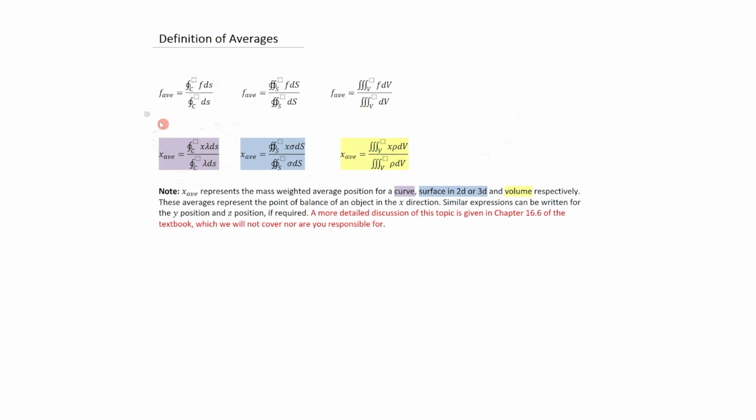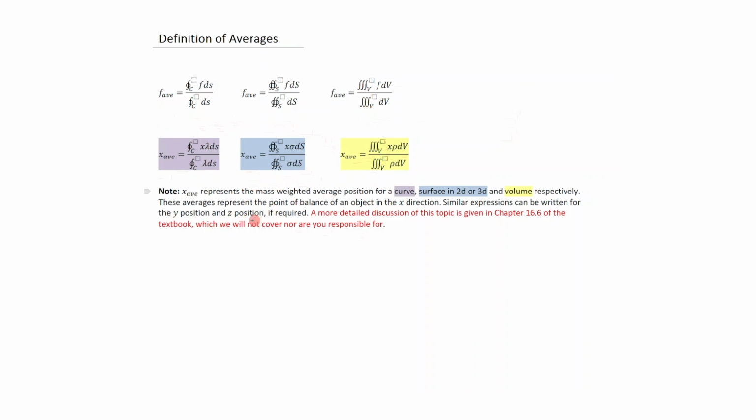The problem would have to be reformulated if the force varies as a function of position, or as a force field. You can also do it for a curved surface. So this would be the balance point for the x component. You can also do it for a volume. This would be the x balance point in the case of a volume. You can also do the same computation for the y and z components if necessary.